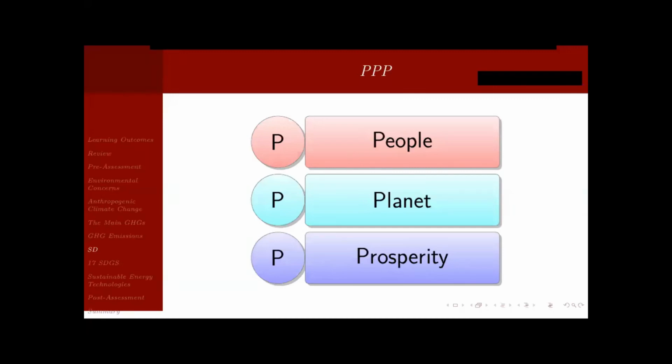All of you are doing your final year projects. In your final year projects, the technologies you are exploring should not impact the society or people, should not impact the environment or planet. And if it's a commercial product, it should bring prosperity or profit. So this is the way you should think.